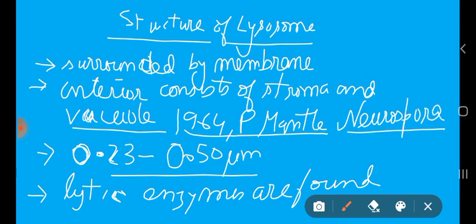Okay, now various types of enzymes are found within the lysosomes, which we will discuss now.